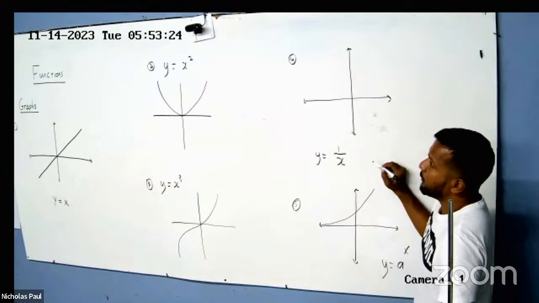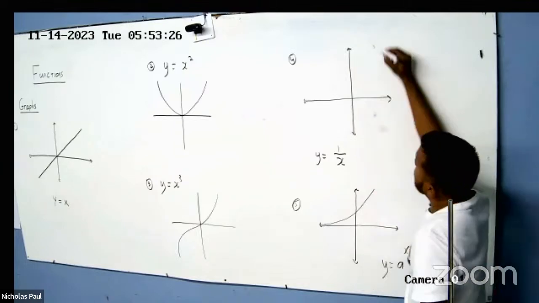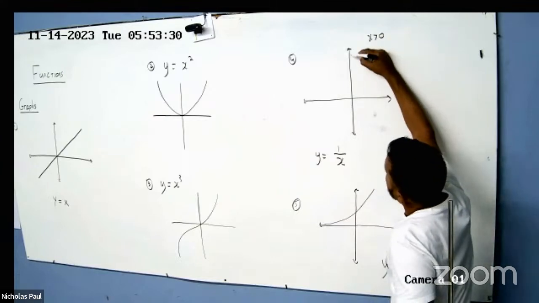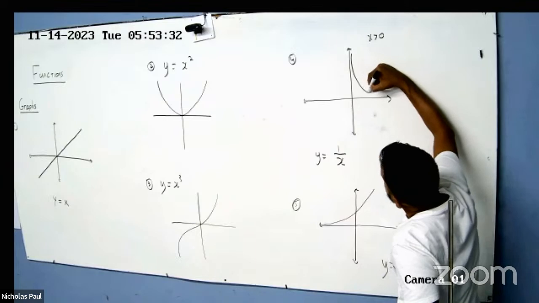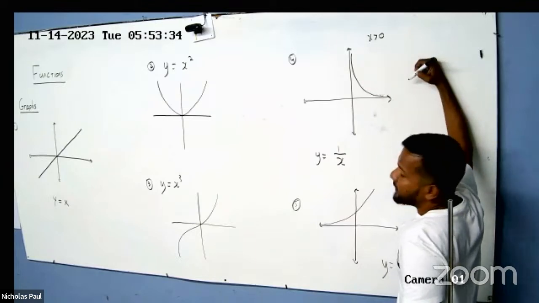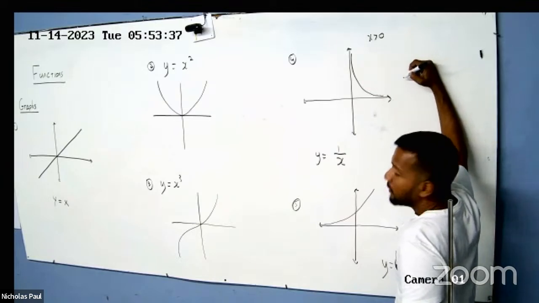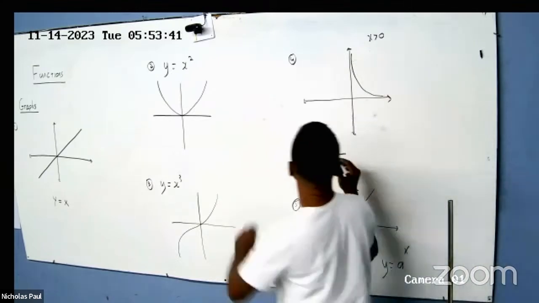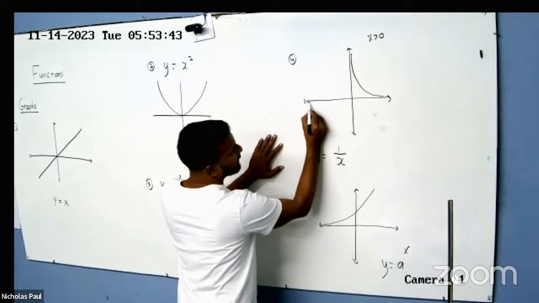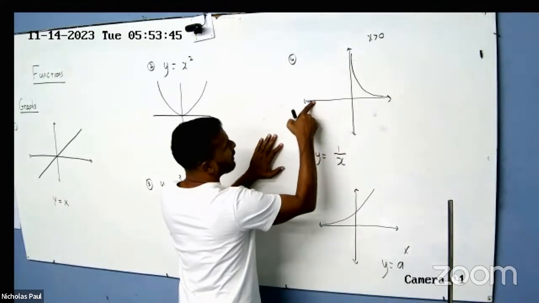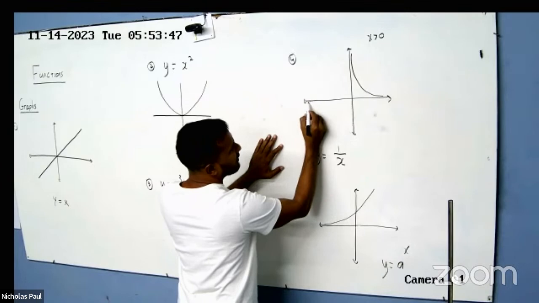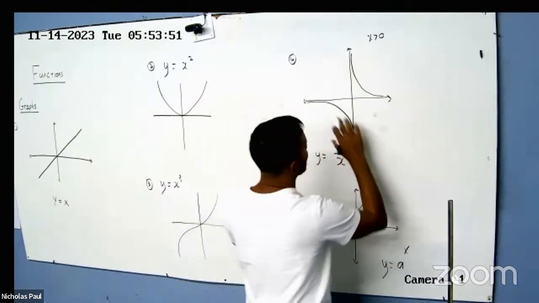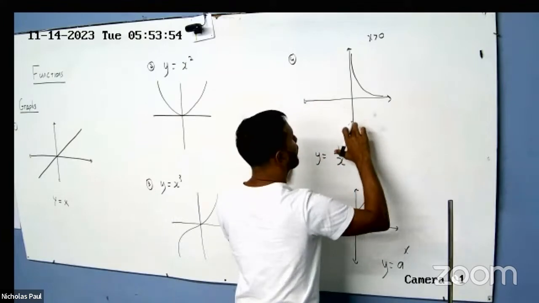This one here is one that we have to pay attention to. When x is more than 0, the graph belongs to this side here. It has 2 asymptotes. You know what an asymptote is? The curve will come close to it, but never touch it, right? When x is less than 0, the asymptote is the x-axis again, and the y-axis. Don't let it touch.